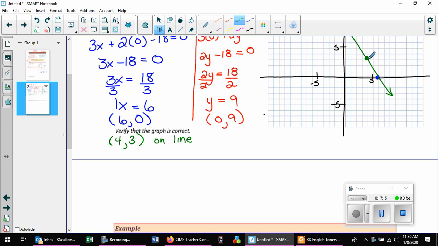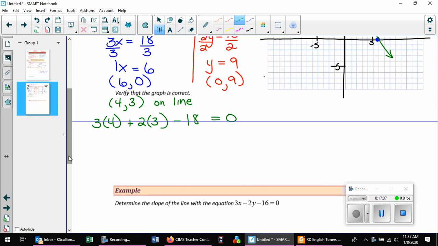So we are picking the point on the line, and we're going to verify left-hand side versus right-hand side. Okay, so my equation was 3 times x plus 2 times y minus 18 equals 0. So I substituted in the x and the y into the equation where x and y live.